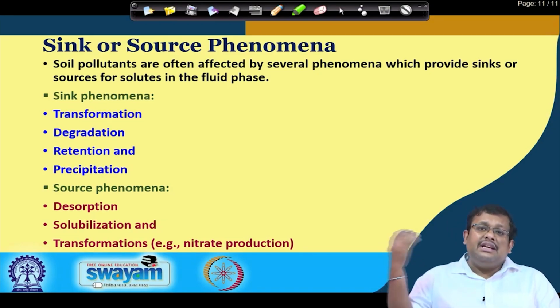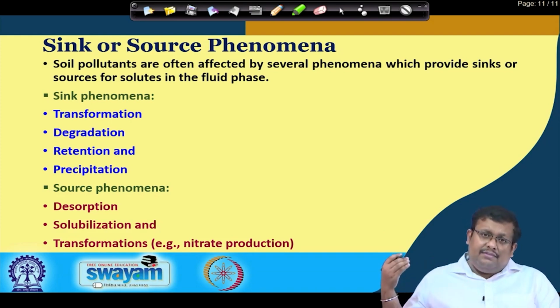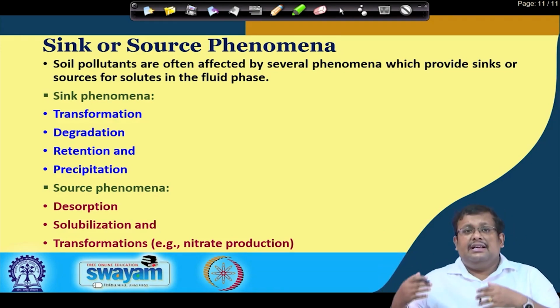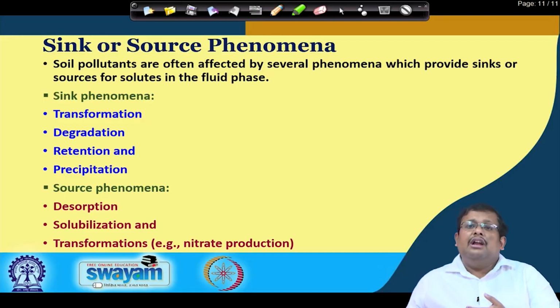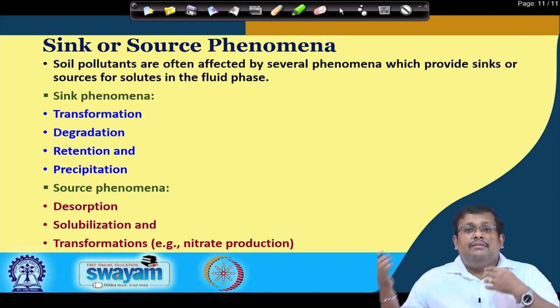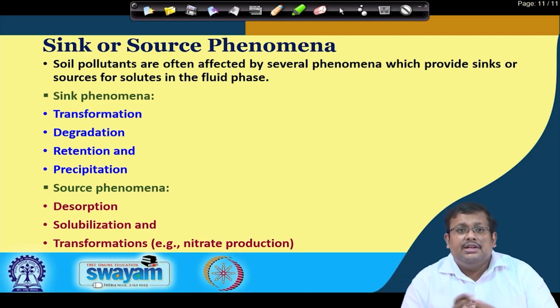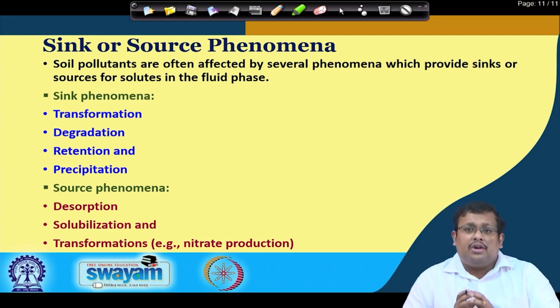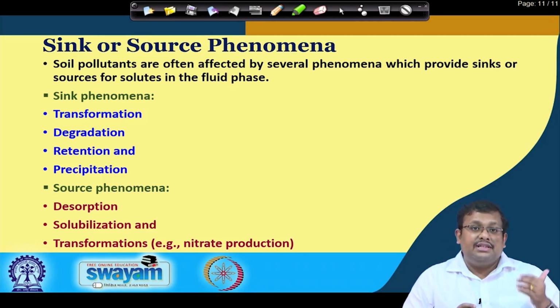Now, by sink we generally indicate the different final outputs, and source means the sources.